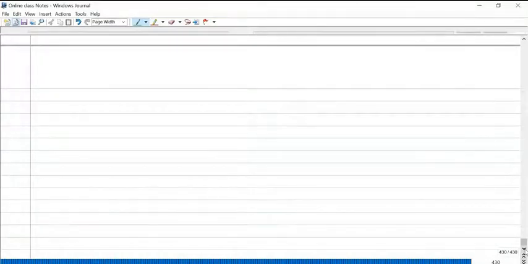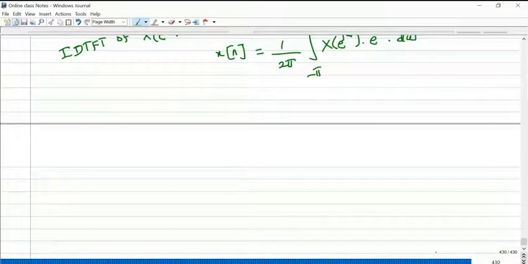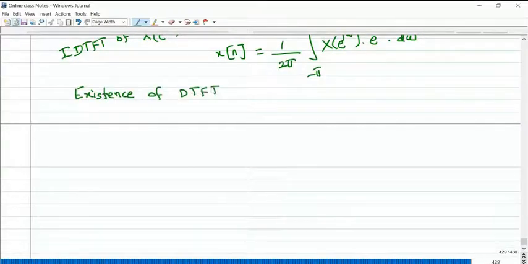Next, existence of DTFT. Whether this DTFT can be applicable for all signals? No. So we studied the Dirichlet conditions, right? Dirichlet conditions for Fourier series as well as Fourier transform. Similarly, DTFT also has a certain condition. Existence of discrete time Fourier transform: so what is the condition?